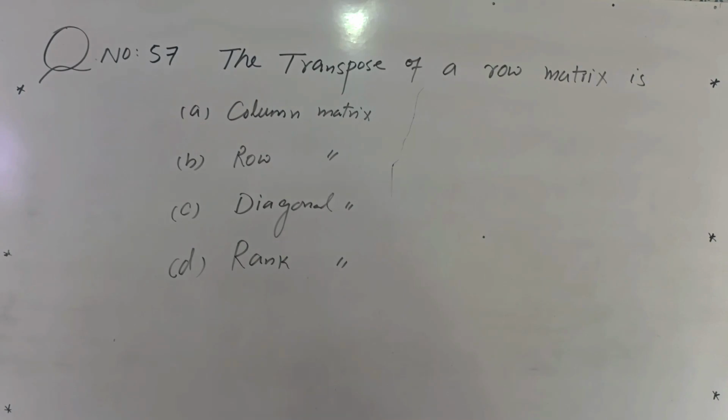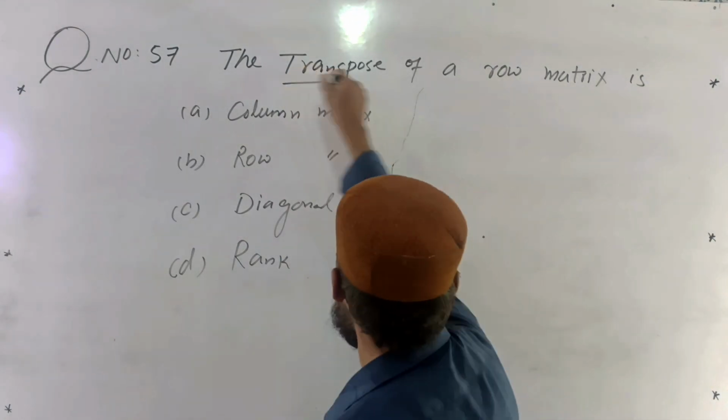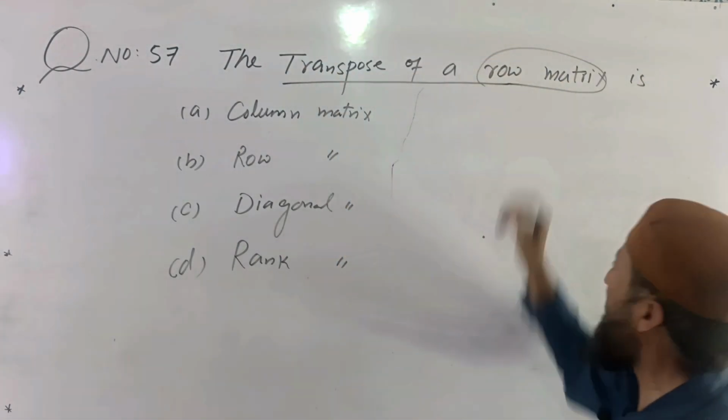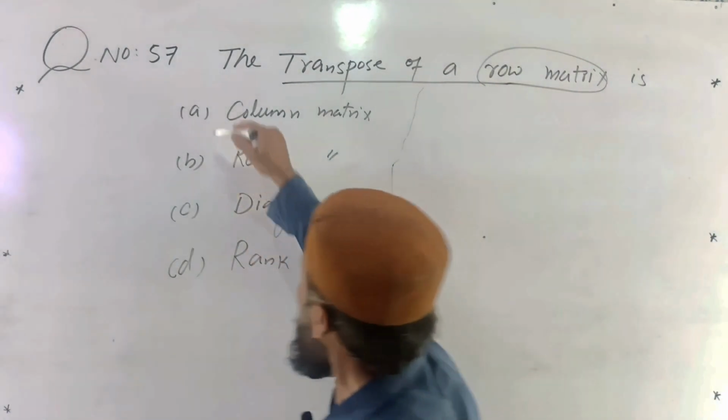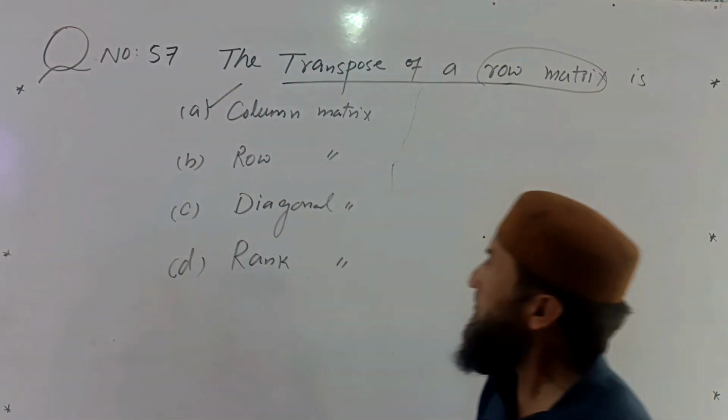According to the definition of the transpose of a matrix, rows change into columns, so that is called a column matrix. The correct answer is A.